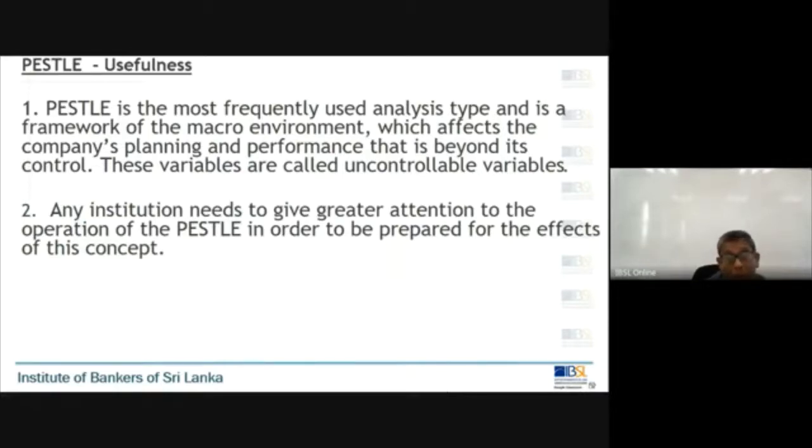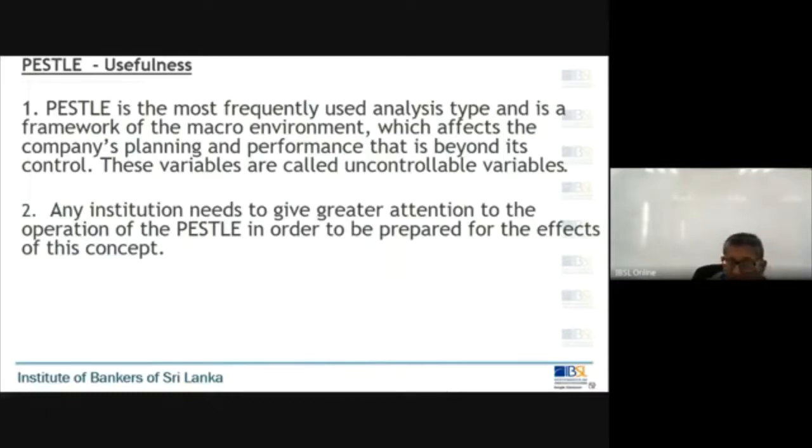So therefore, PESTEL can be considered a frequently and commonly used strategic tool to analyze your external environment, right?